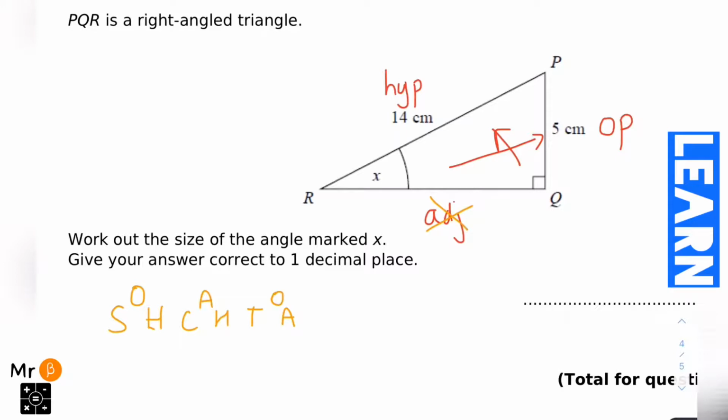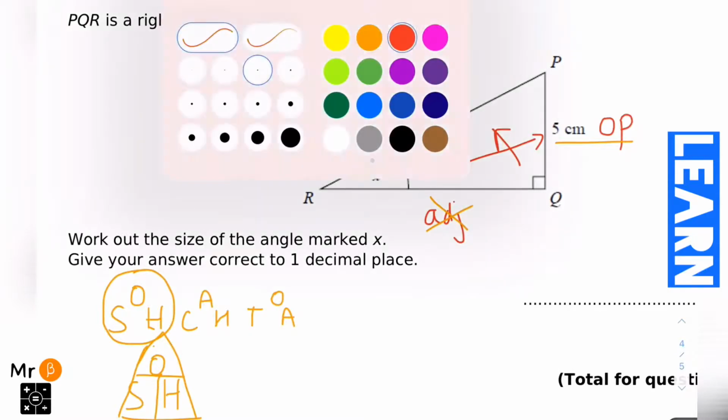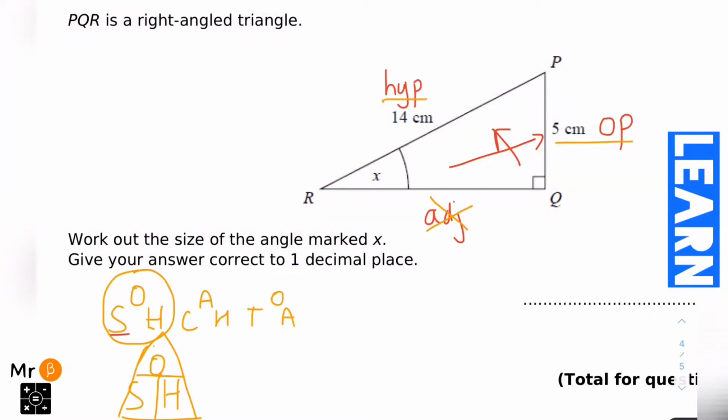Have a look at which sides they've given you. We've got our opposite and our hypotenuse this time. So we're going to select the triangle which has both O and H in. Once we've selected our triangle, we draw it out, and this time it's asked you to find the missing angle. Whenever it's asking you to find a missing angle, you're always going to be looking to work out the first letter in each triangle.